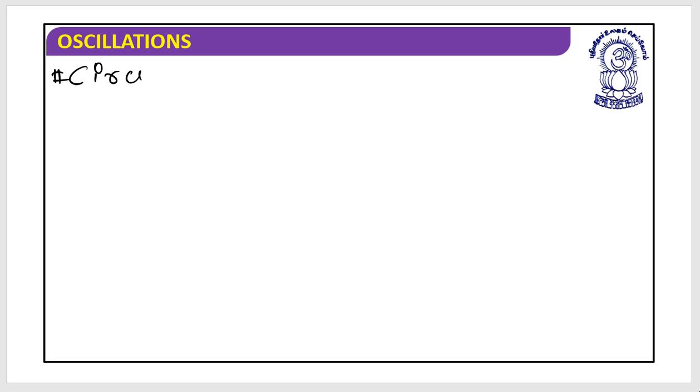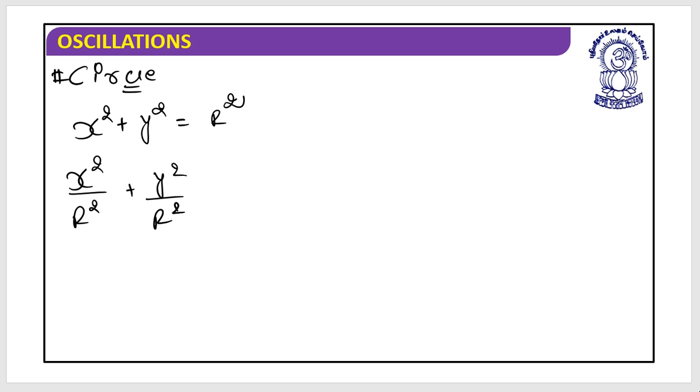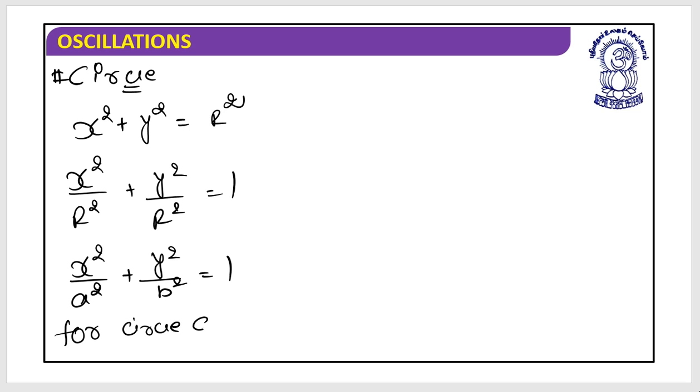If we have a circle, then its relation would be x² + y² = r². This is because it's x²/r² + y²/r² = 1. So if you take this as a standard relation, x²/a² + y²/b² = 1, then for a circle, a = b = r.